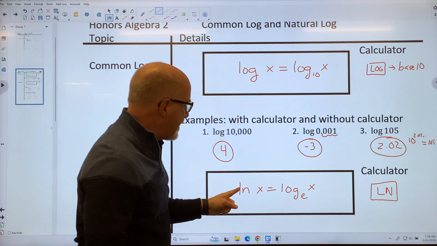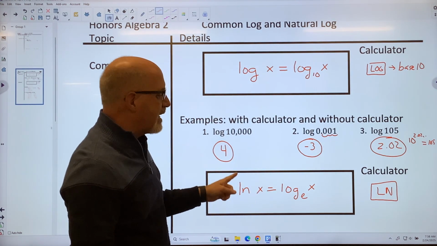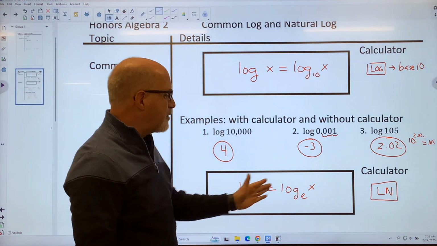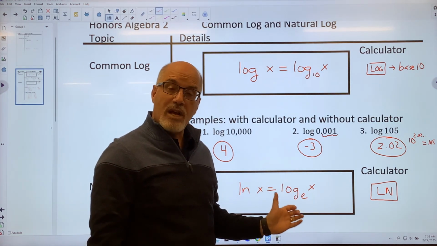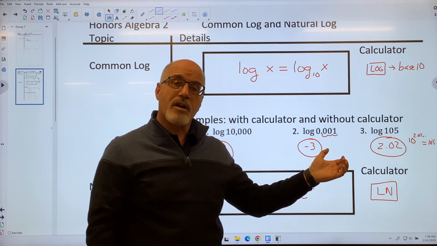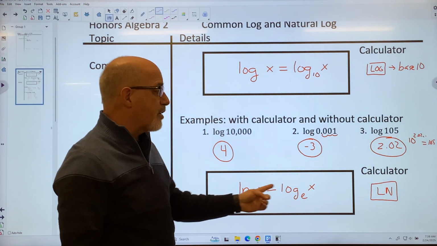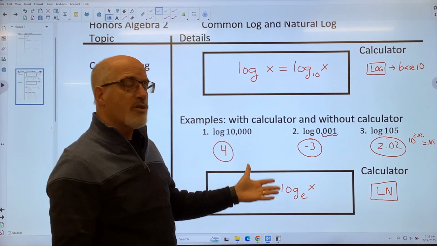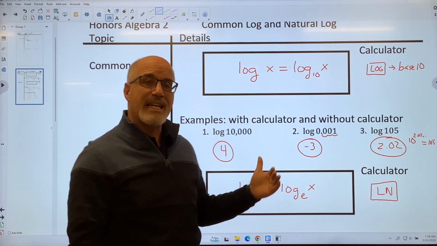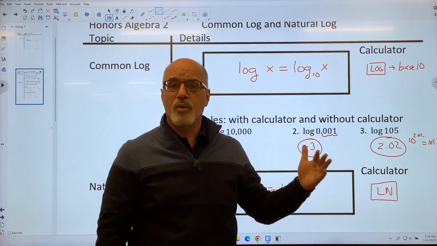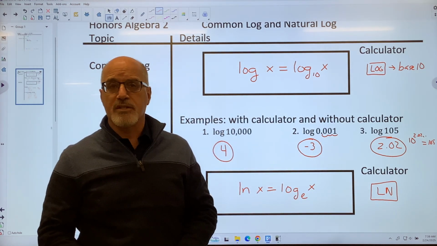If we have instead this notation with an ln, natural log, that's base e. So we have to remember now we're connecting that to our irrational number e in this log notation. So using these two log notations is going to connect us to our calculator where we'll be able to do more calculations in the future.